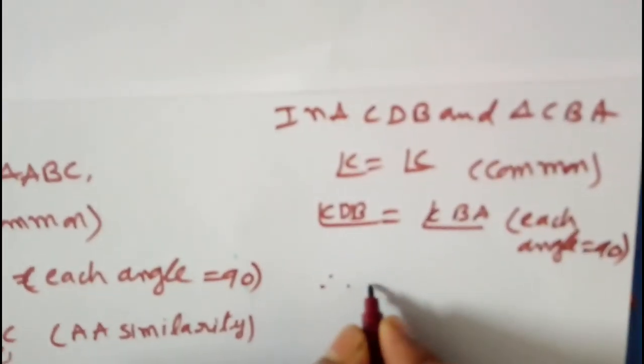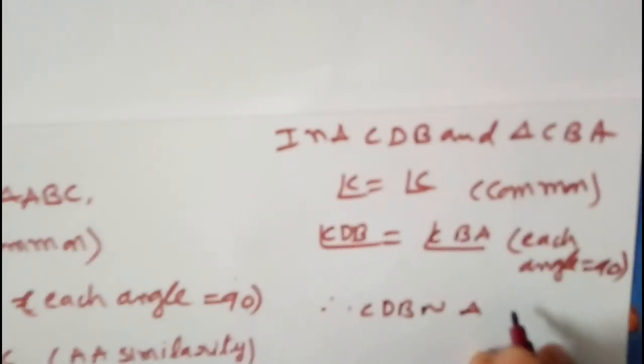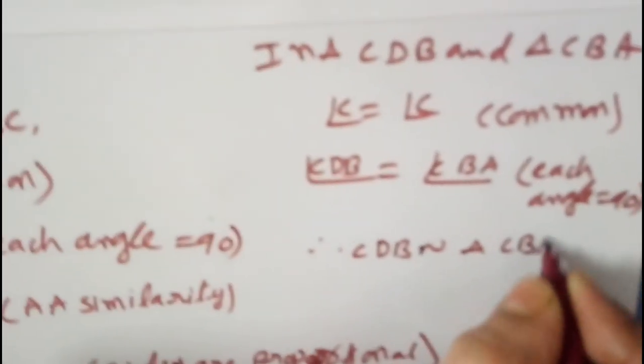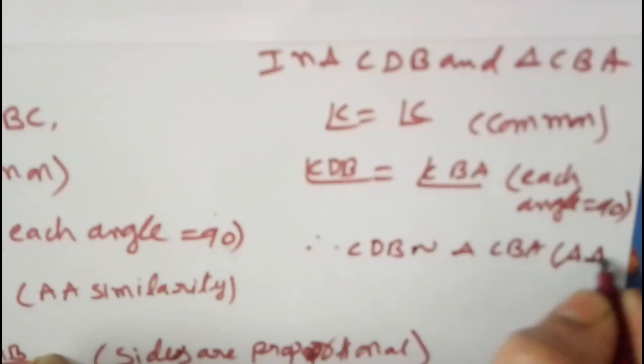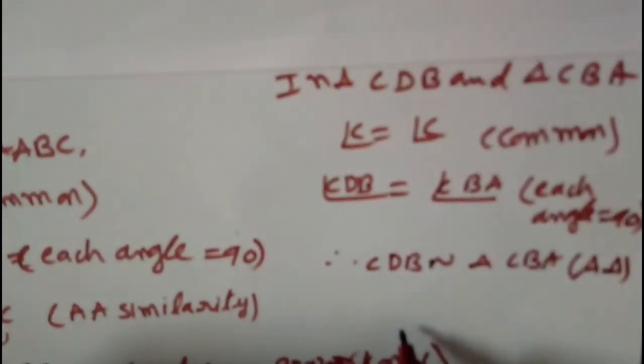Therefore, triangle CDB is similar to triangle CBA by AA similarity. If two triangles are similar, their corresponding sides are proportional.